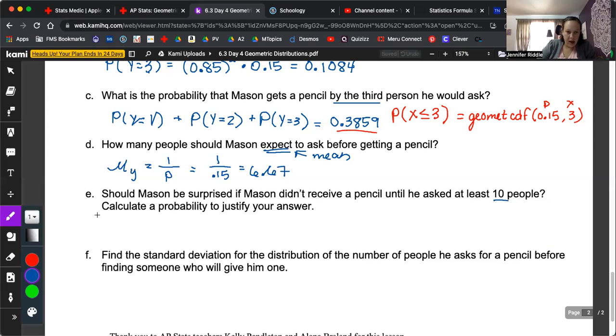So we're looking at the probability of Mason asking 10 or more people, which would be 1 minus the probability of the first person giving his pencil, plus the probability of the second person giving him a pencil, and so on, until we got the probability of the 9th person giving him a pencil.